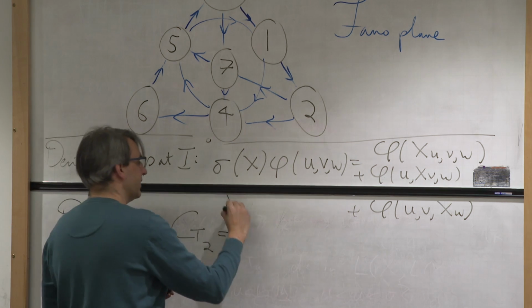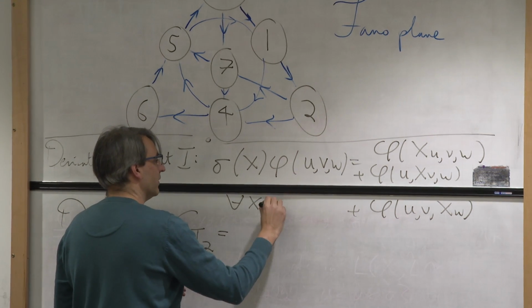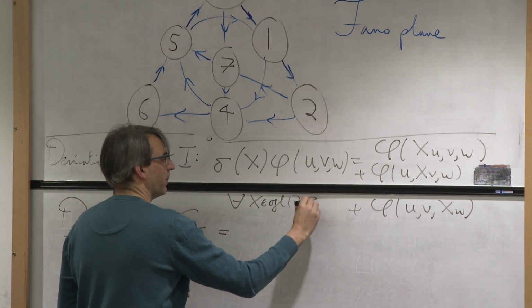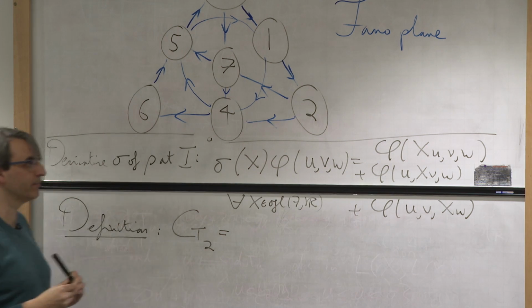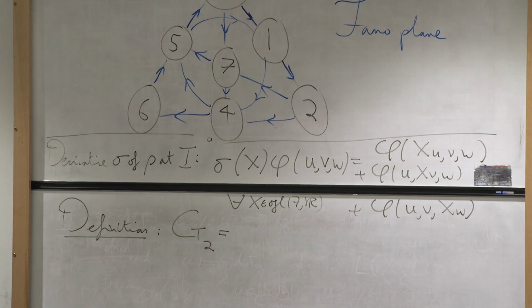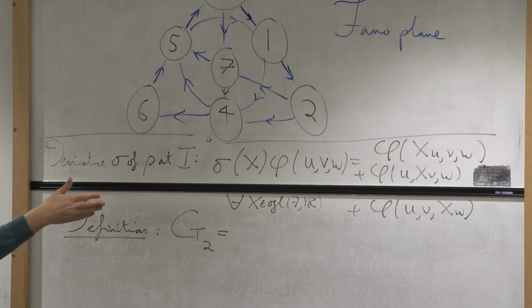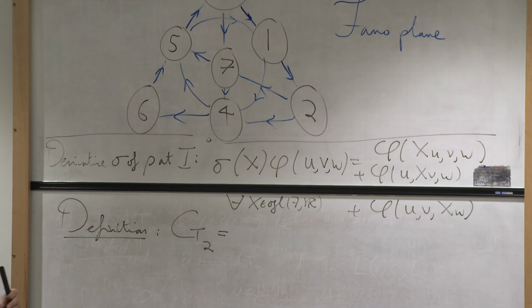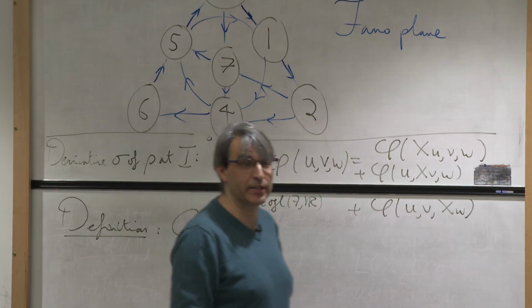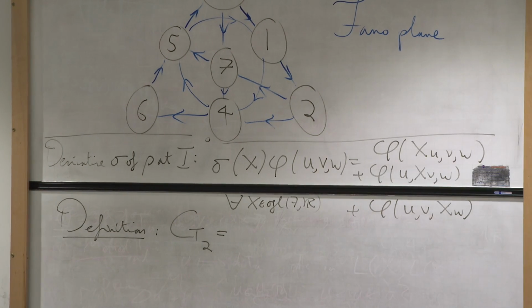This is for all X in the Lie algebra gl7R, so just 7 by 7 matrices. If I differentiate that formula, it's like the product rule: I differentiate the first one, plus differentiate the second one, plus differentiate the third one. We've seen this before, but I'm just reminding you of the formula.